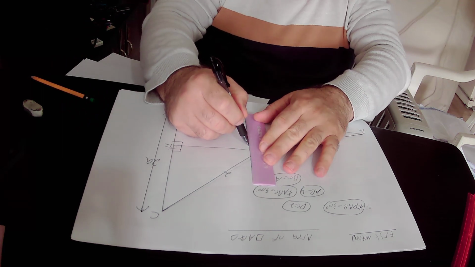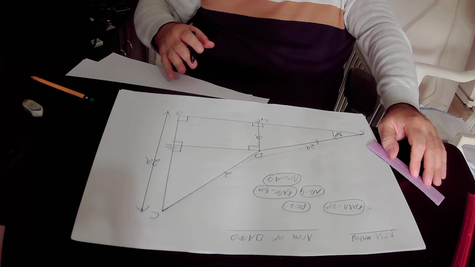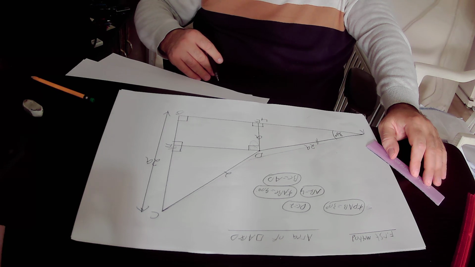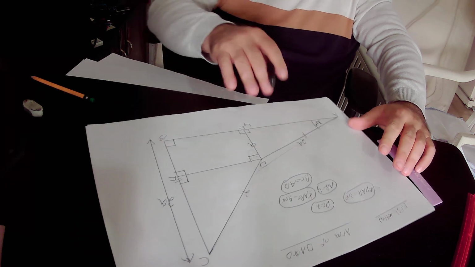You can see here in quadrilateral DEFB we have 4 right angles, and we also have rule number 2.